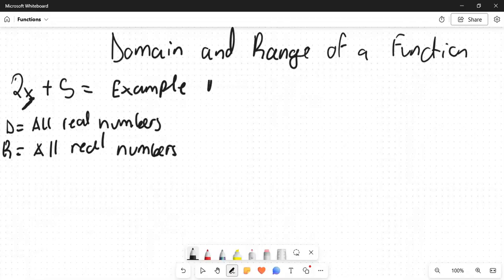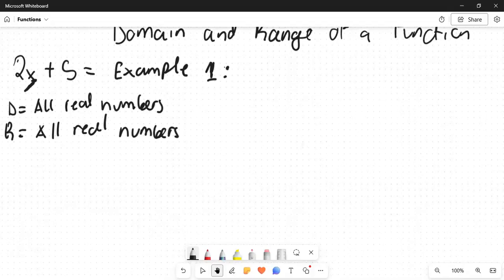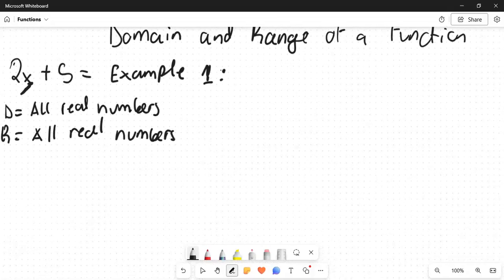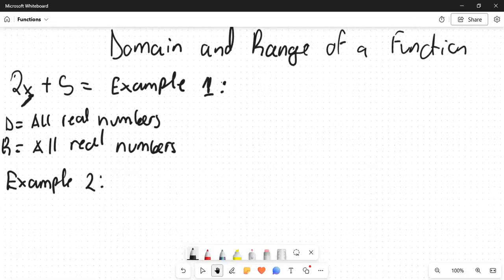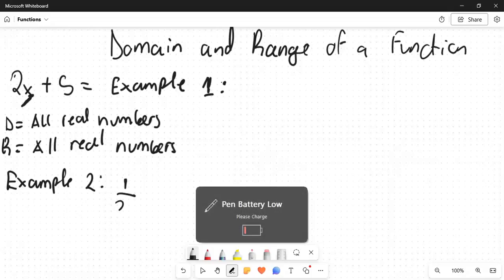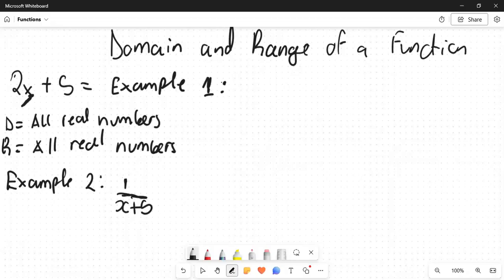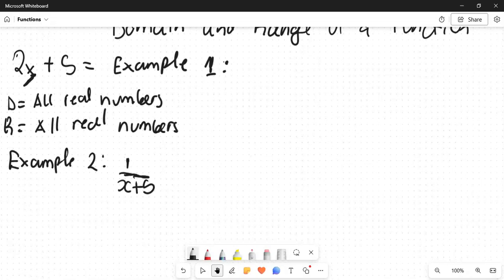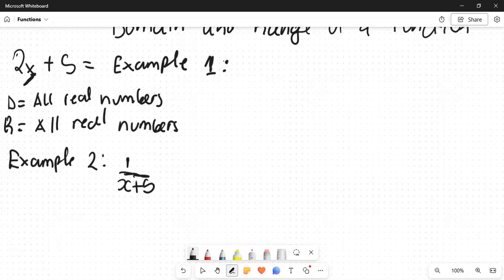This was just a simple linear equation, but I'm going to show you another example. Example 2. If you're told to find the domain and range of this equation, 1 over x plus 5, here's the solution on how to do it.